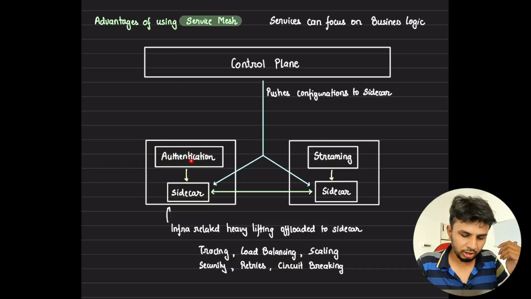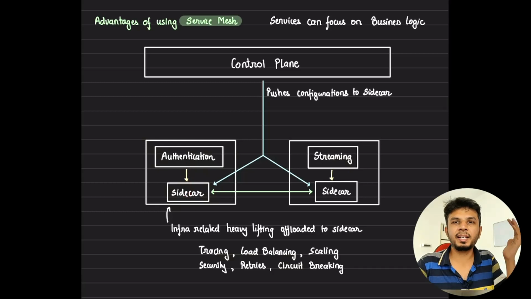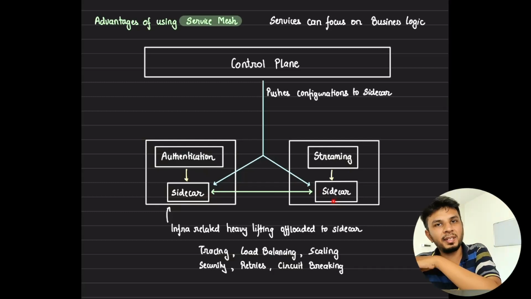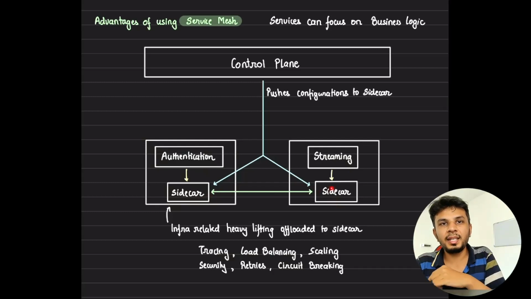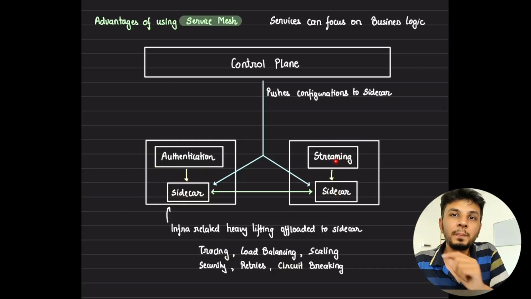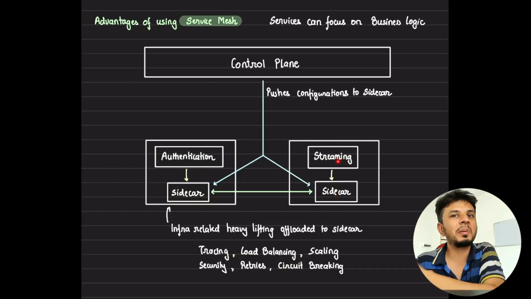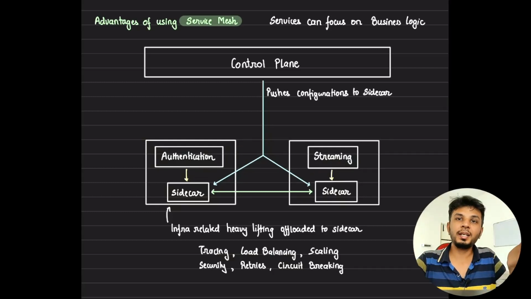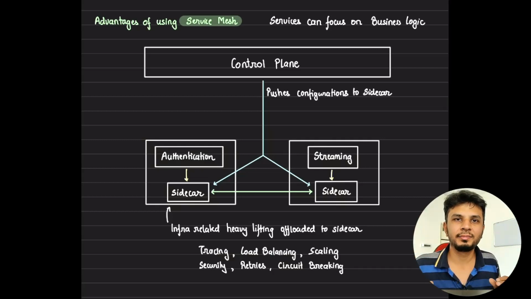So the authentication service will talk to the sidecar and say, hey sidecar, I want to talk to the streaming service. The sidecar will talk to the sidecar of the streaming service, and then this sidecar would forward the request to the process that handles the streaming part of it. So direct communication between authentication and streaming is now the communication between the corresponding sidecars.